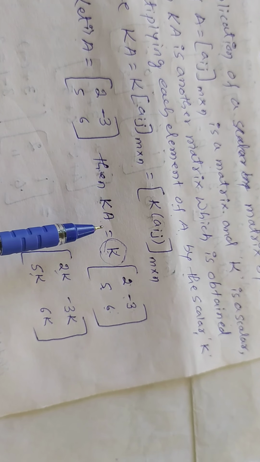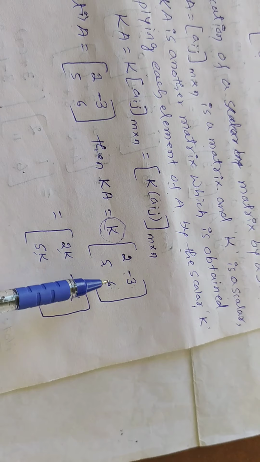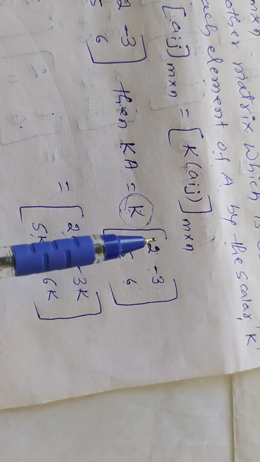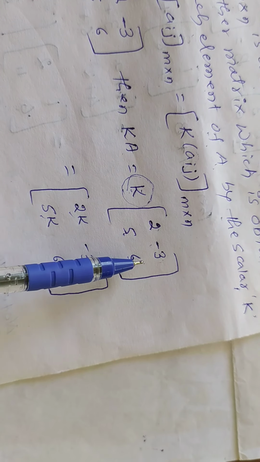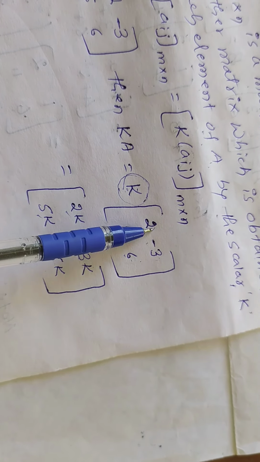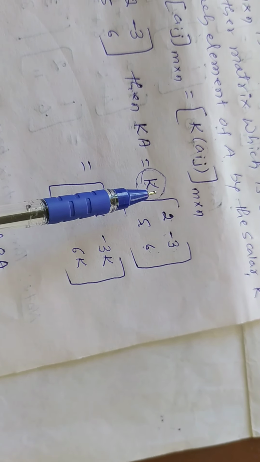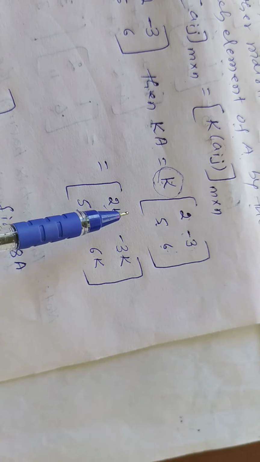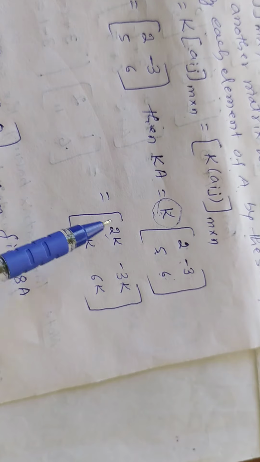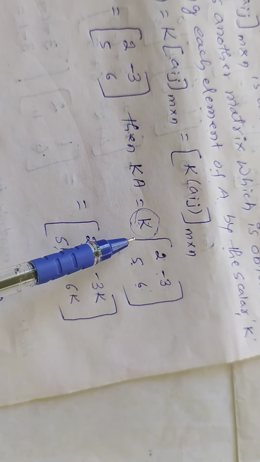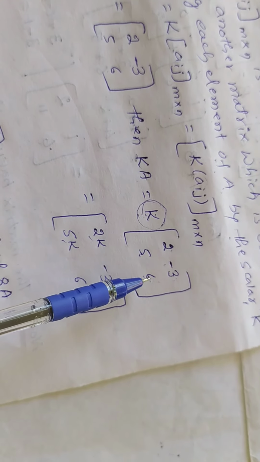Then KA, where K is a scalar: multiply K with each and every element of matrix A. K into 2 is 2K, K into minus 3 is minus 3K, K into 5 is 5K, K into 6 is 6K. This is the matrix obtained by multiplying the scalar K with each and every element of matrix A.